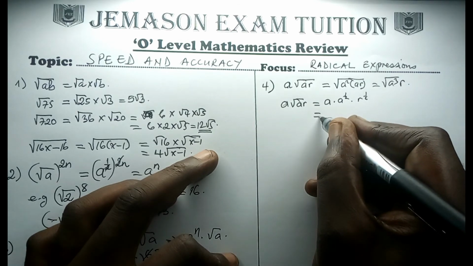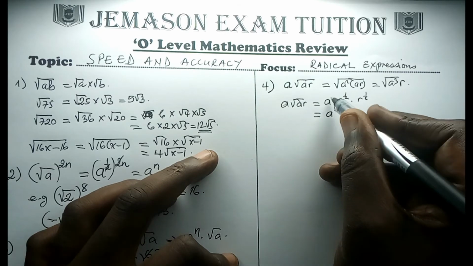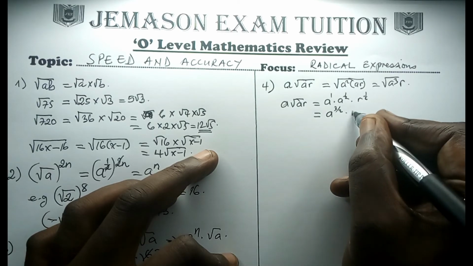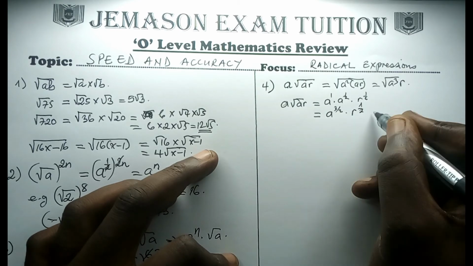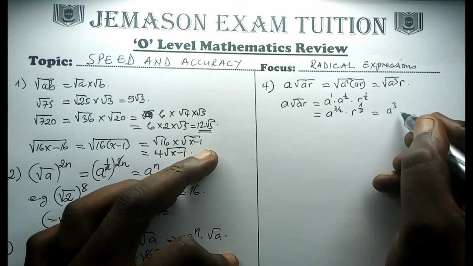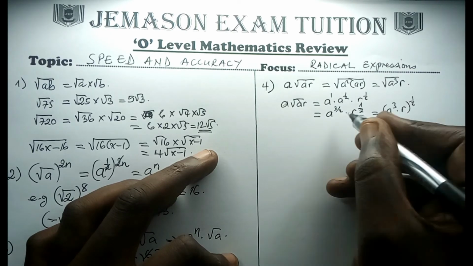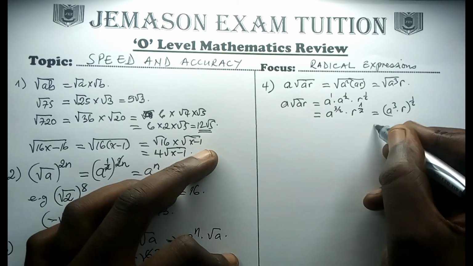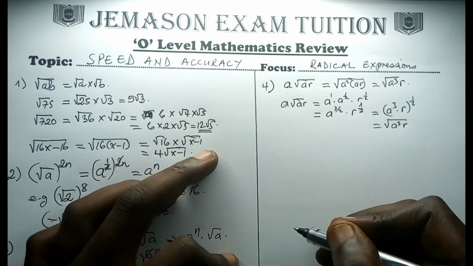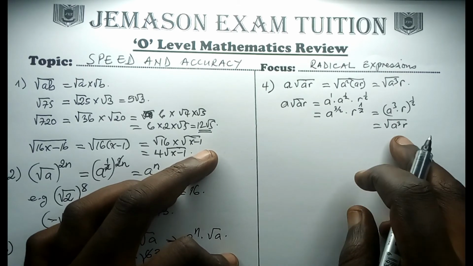This would give a to the 3 over 2, because multiplying two indices, you add the powers, dot r to the half. This would give a cubed dot r all to the half. The power half is common, and you now get the root of a cubed r.